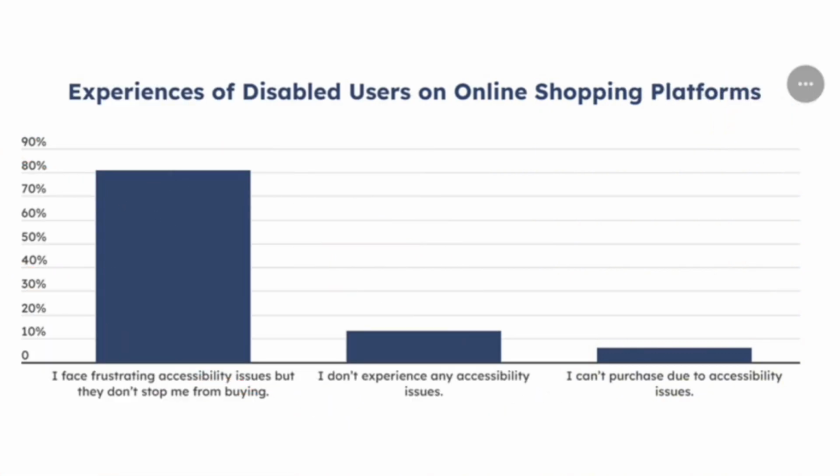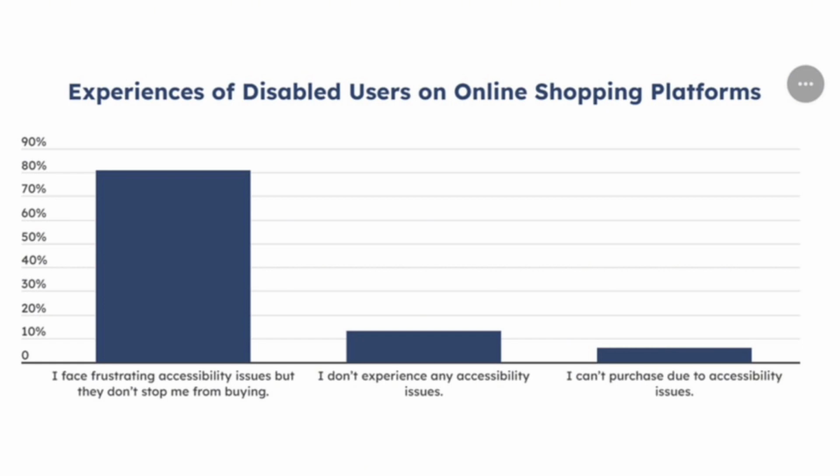If you're interested in what percentage of disabled users face accessibility issues, here I prepared the illustration to look at the data in detail. Here we can see that majority of disabled people, approximately 81%, may struggle with accessibility, but it will not prevent them from making a purchase online.